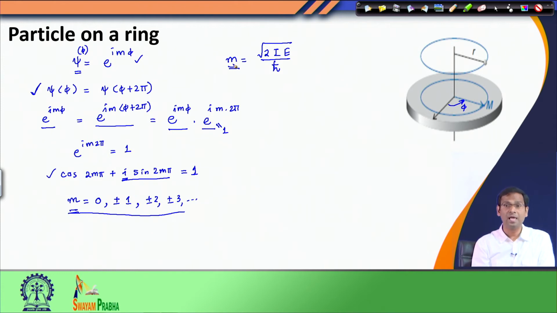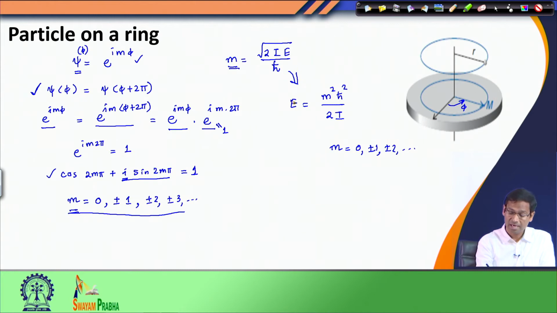So, if m has some discrete value, I can rewrite this expression as E, where m is 0, plus minus 1, plus minus 2, and so on. Here the energy of this particle in a ring turns out to be a function of m.